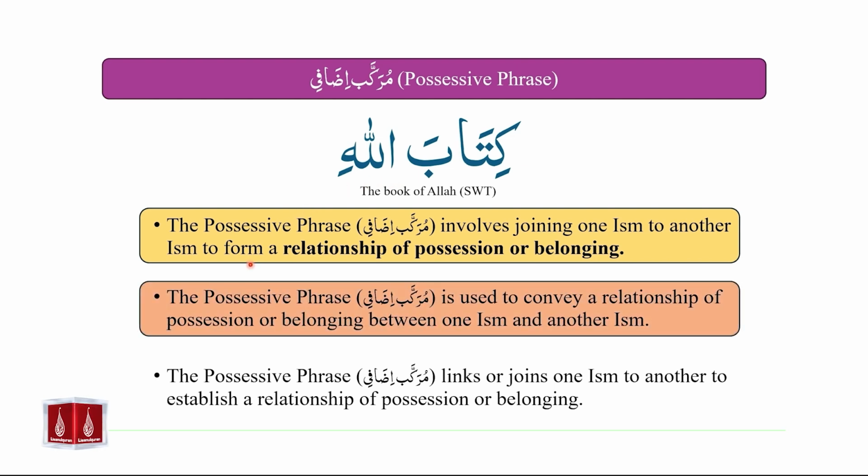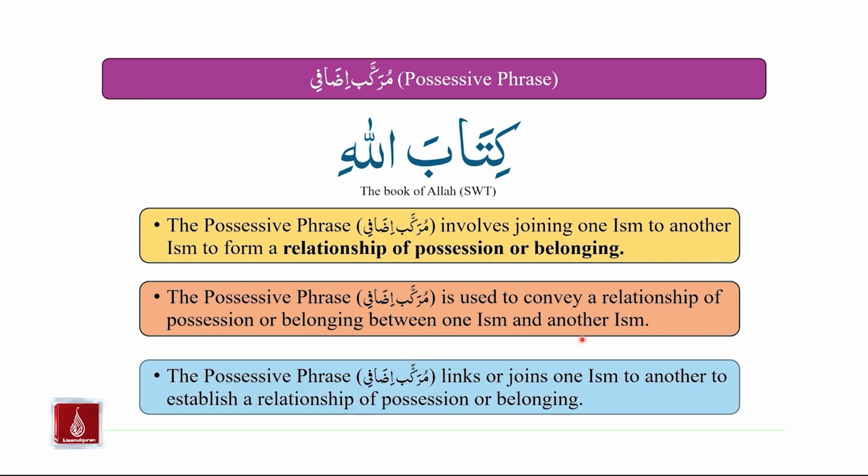The possessive phrase or murakkab izafi is used to convey a relationship of possession or belonging between one ism and another ism. The possessive phrase links one ism to another ism to establish a relationship of possession or belonging.